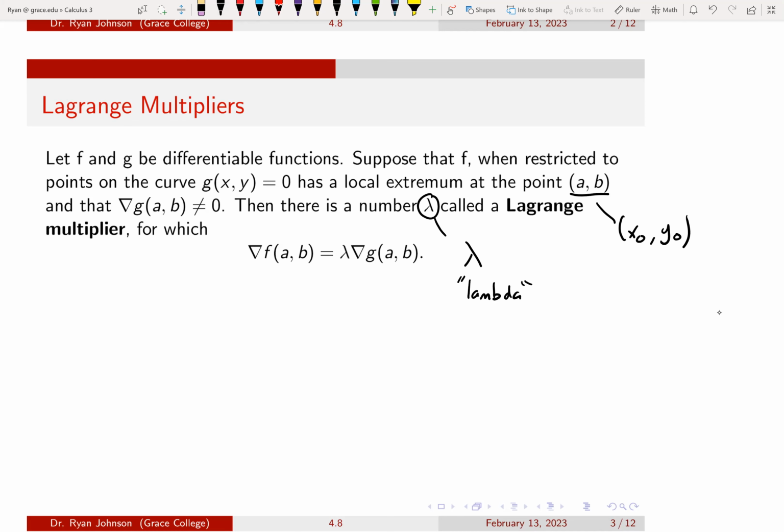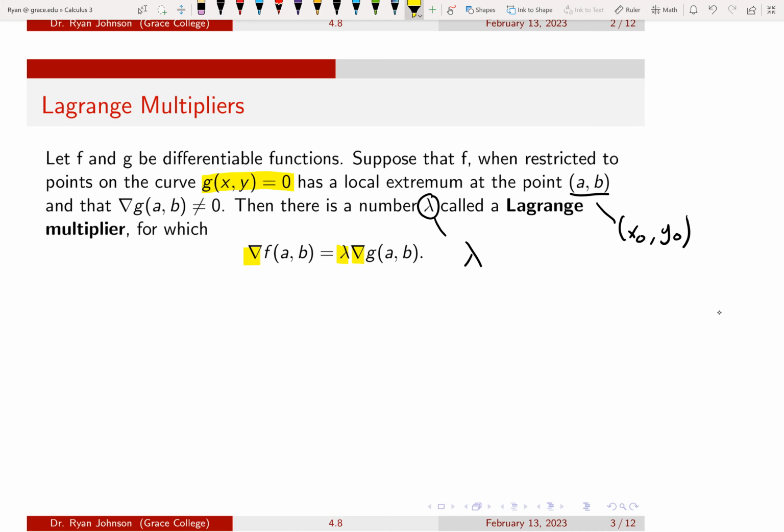All right. So lambda, which is called the Lagrange multiplier, for which remember this is the gradient. So the gradient of f is equal to lambda times the gradient of g. Also requiring this. So there's really two equations going on.